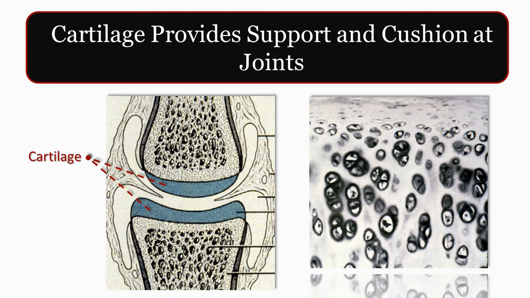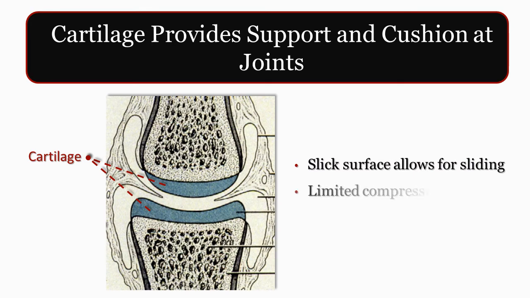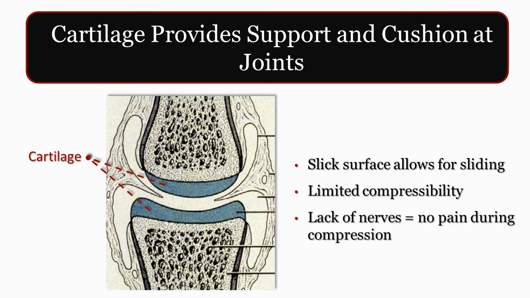This is the articular surface where the two bones touch, separated only by the cartilage. While bearing weight, cartilage has limited compression and expands somewhat to cushion the joint. Also, cartilage has no nerves, and hence there's no pain with the normal compression of cartilage. The pain in knees comes from contact of bones, not the cartilage itself, because cartilage has no nerves.